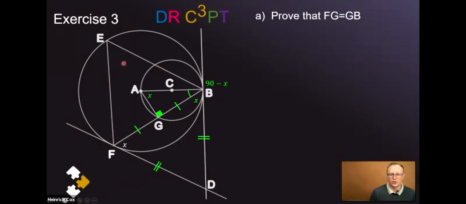Then this chord is subtending E, and so this X must be equal to that E, and we can put that as X. You can also use DB as the tangent, which is going to give you E as the equal angle when you use the tan chord theorem. Then again, in my toolbox, since I've got this as X and this as X, it might be super useful to label this one here as 180 minus 2X, because it is, after all, the third angle in a triangle.